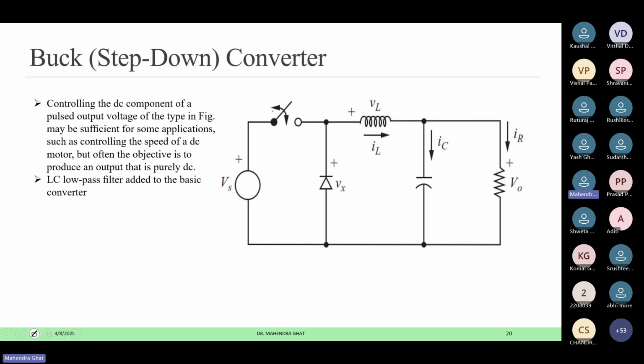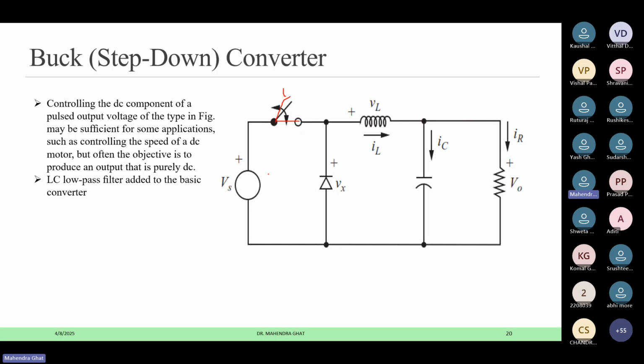There are two states of this switch: when it is turned on and when it is turned off. When it is turned on, it is a short circuit, and when it is turned off, it is open. First condition, when the switch is turned on, you get the short circuit.